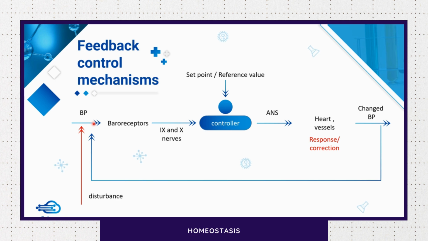Now these responses can be either neural, hormonal or neurohormonal. That means the afferents which we are talking about in this case are nerves, and the efferents also in this case are nerves. So this is an example of a neural feedback control system. But there may be hormonal feedback control systems as well, where the release of the hormone is changed, and it acts as the effector, which will bring about changes in the functioning of the body system.